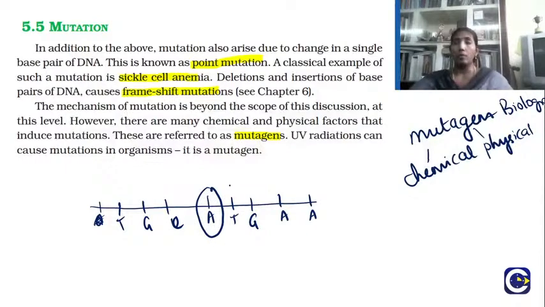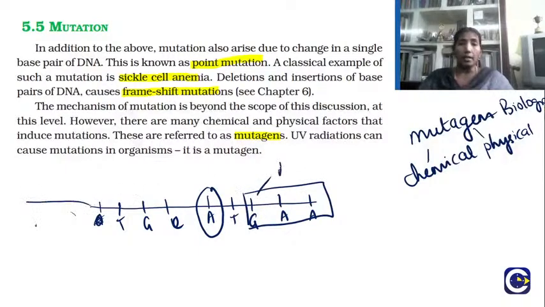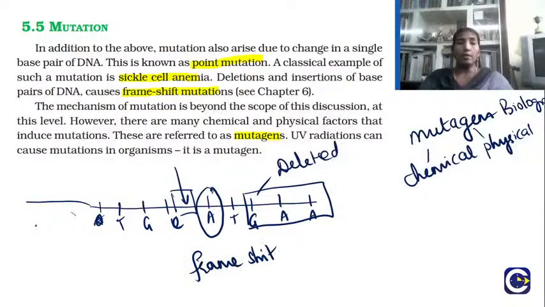Then we call that a point mutation. If this entire part gets completely reversed and put on the other side, or gets deleted, or something new is inserted in between, we call such things frame shift mutations. So most commonly we have either a point mutation or a frame shift mutation. Okay, so that you need to know.